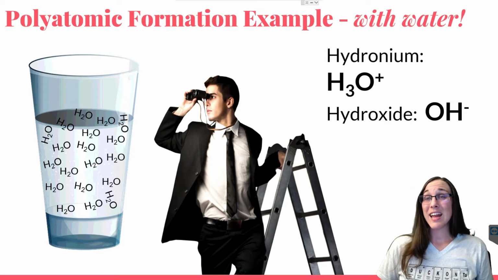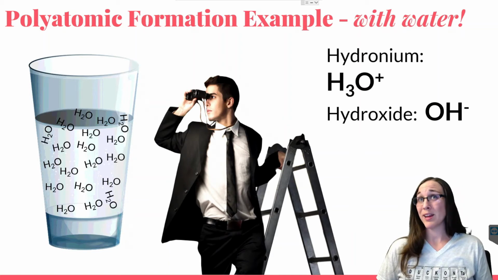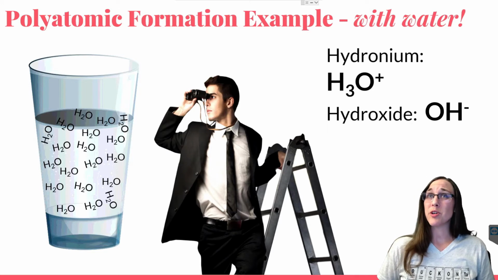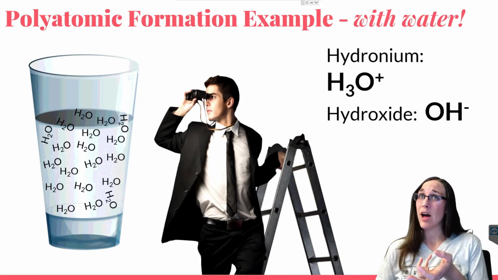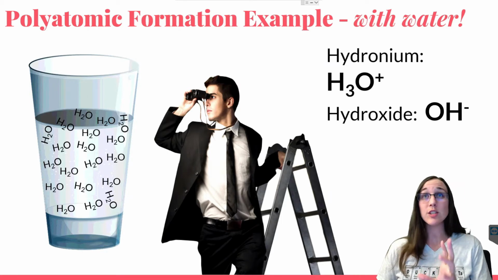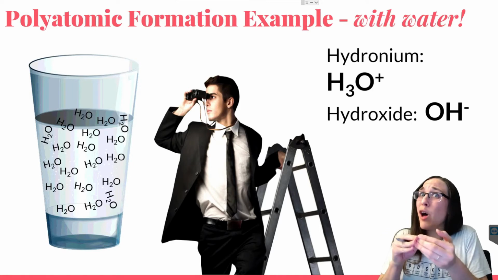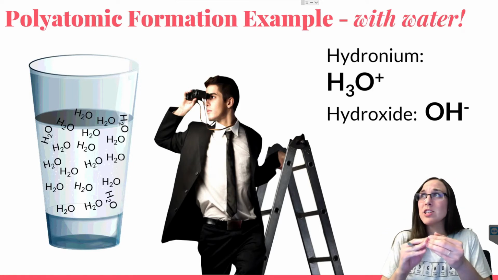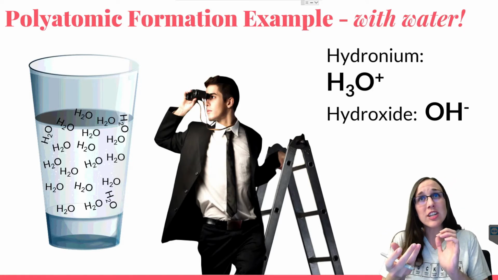One of the things that is not commonly known about water is that it actually exists in this equilibrium shift back and forth. So I'm going to show you a reaction between water and itself. Now, if we have a pure glass of water, nothing else in it, just water molecules, they're actually reacting with themselves. The water molecules are exchanging hydrogens, exchanging electrons.